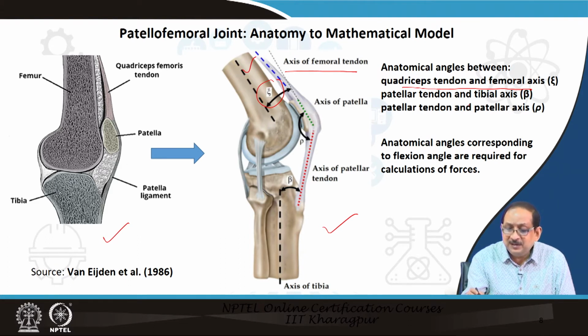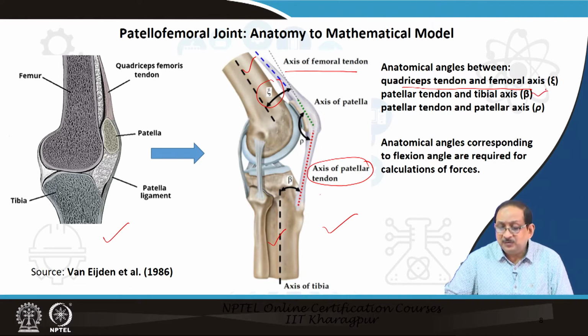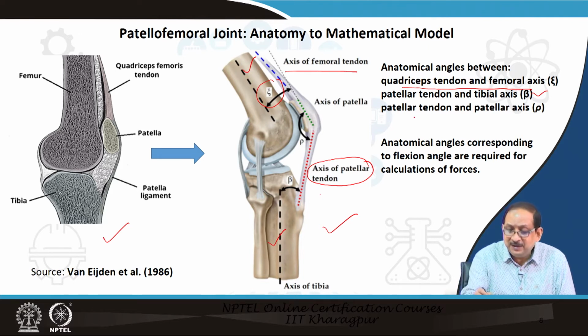The next angle is between the patellar tendon and the tibial axis. So, this is the axis of the patellar tendon and this is the tibial axis. So, we need to find out beta. The third angle is rho, and that is defined as the angle between the patellar tendon and the patellar axis.